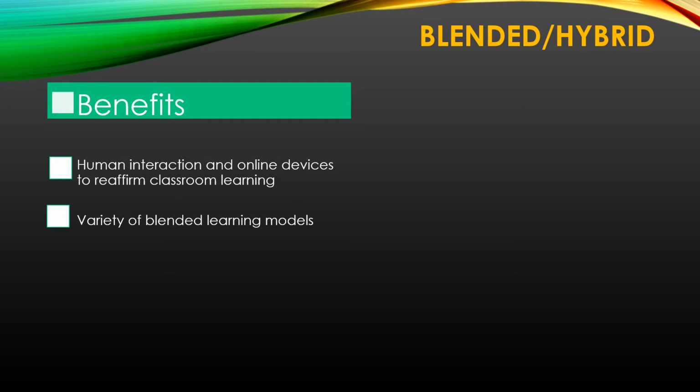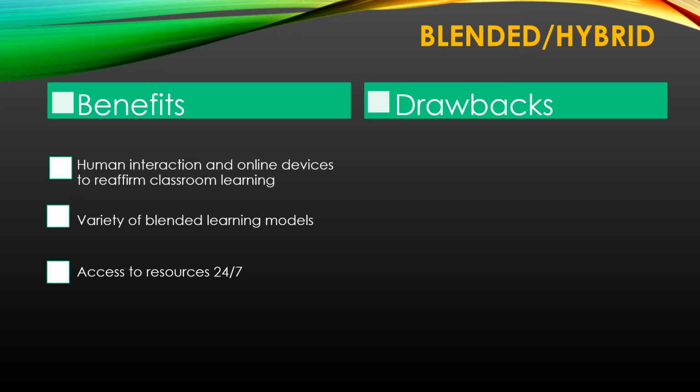Also, a variety of blending learning models are available, which can include station rotation, lab rotation, individual rotation, flipped classroom, flex and a la carte, enriched virtual, project-based, self-directed, supplemental, and even mastery-based learning. And then finally, we have access to resources at any time and anywhere for students to refer to as often as they need or require.